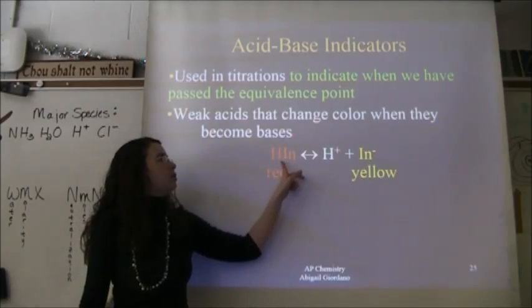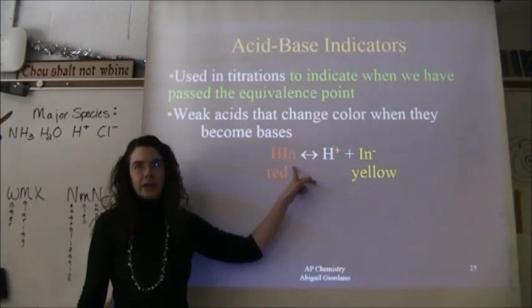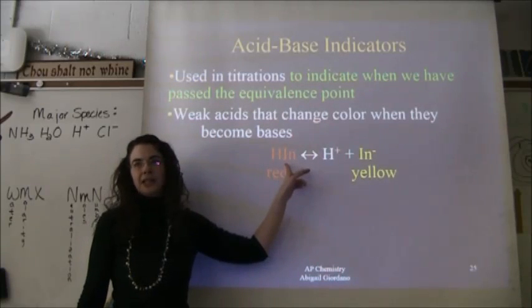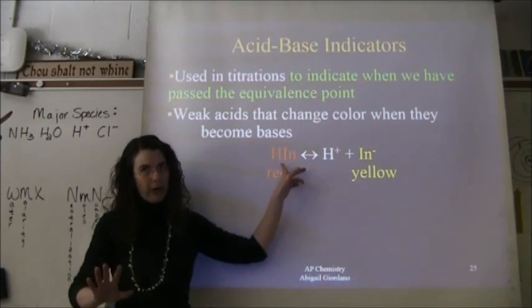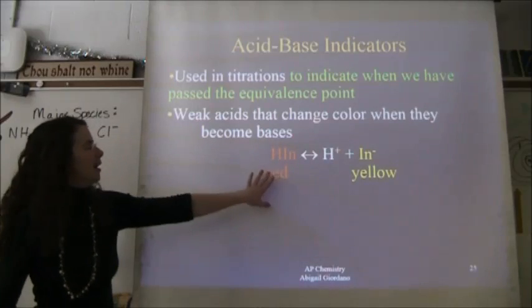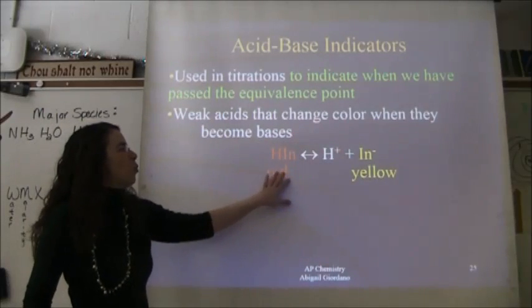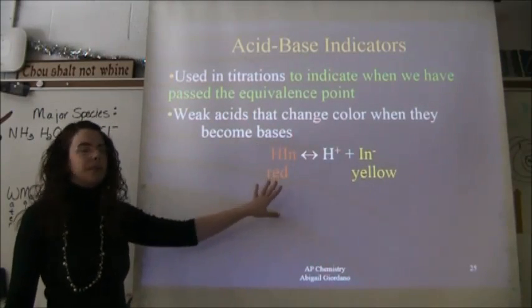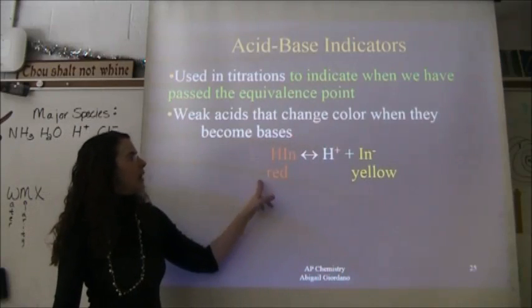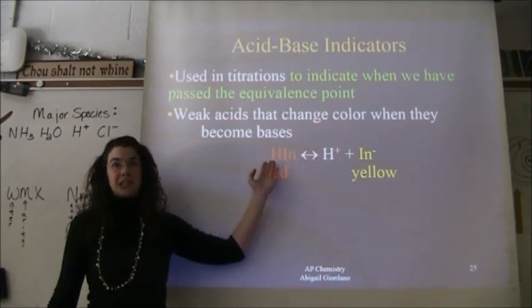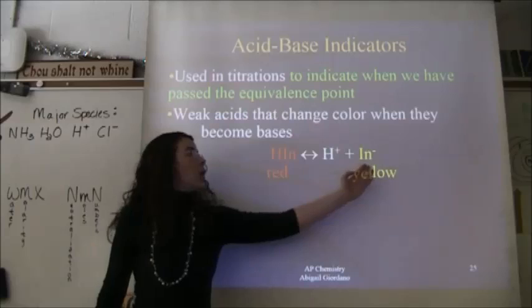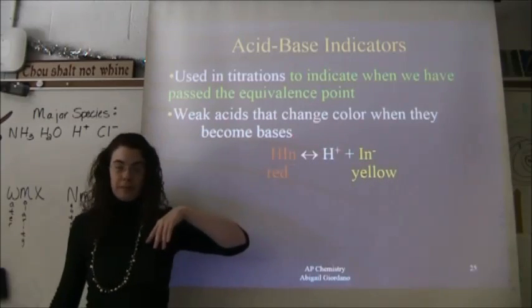By the way, I'm using the letters IN here to mean indicator, not the element indium, just so we're clear. And what determines the color is that indicator in its acidic form or in its basic form?